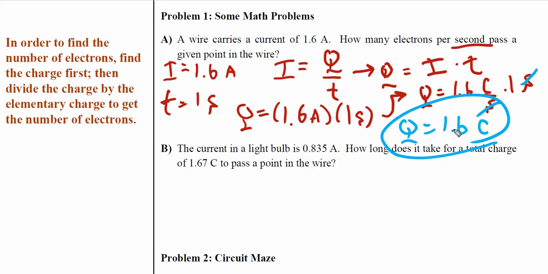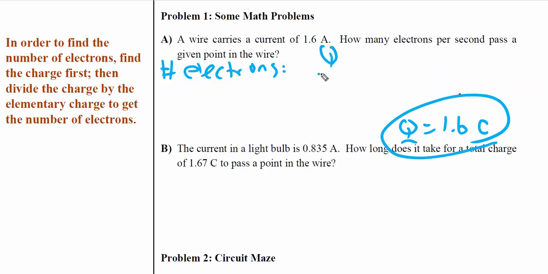However, the problem is asking for us to find the number of electrons that are passing through. So with that in mind, we're going to take the charge and divide it by the elementary charge. You'll notice that the coulombs cancel out.